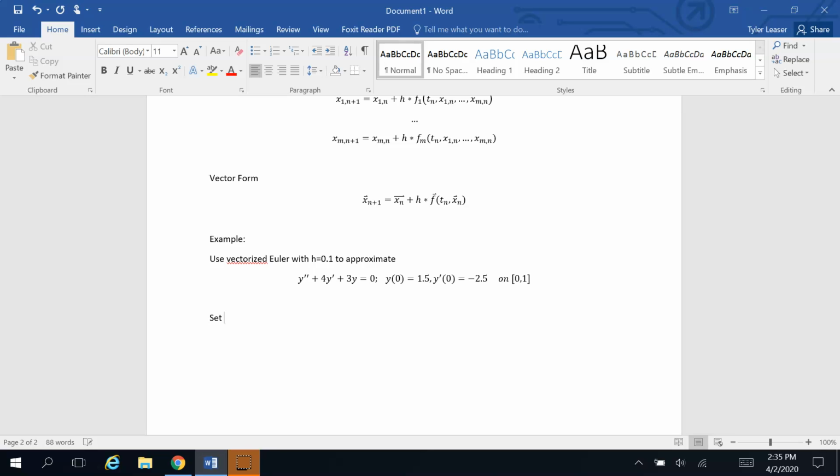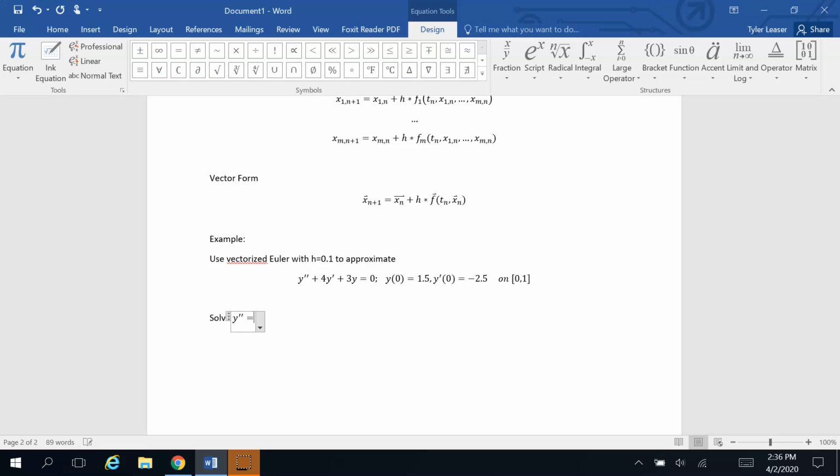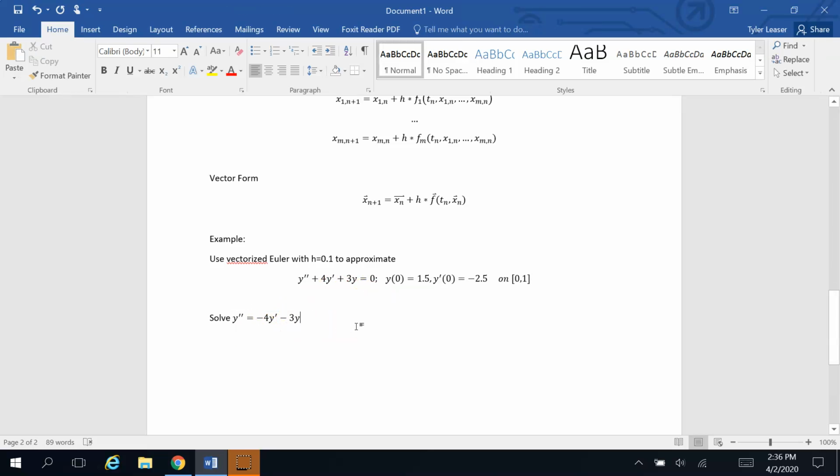So first thing that we're going to do is that we're given a differential equation just in its regular form, and we want to recreate it into a system. To do that, we need to solve for that second derivative. So y double prime is equal to negative 4y prime minus 3y.